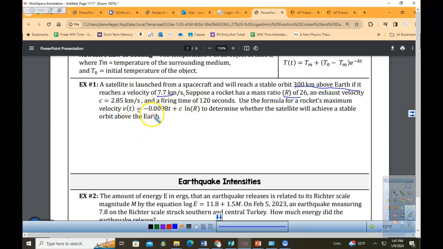All right, let's do it. So the firing time, the rocket's going to fire for 120 seconds. So t is going to be 120 seconds. C, they tell us, is 2.85. What else do we know?